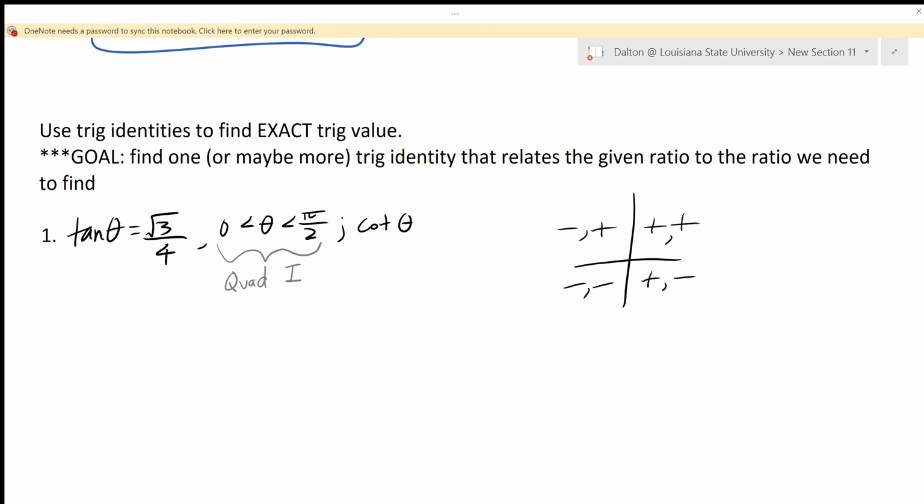Well, in quadrant 1, can you have a negative tangent? How? In quadrant 1, can I ever have an x and a y that are negative?